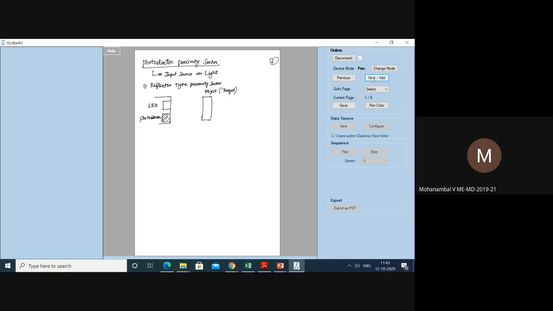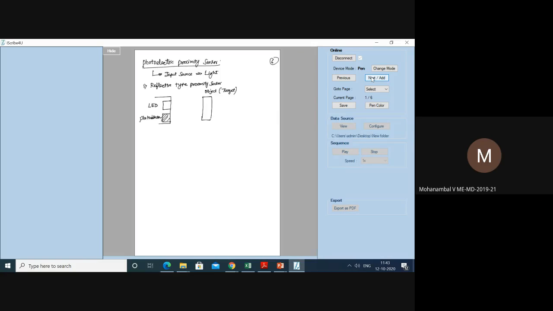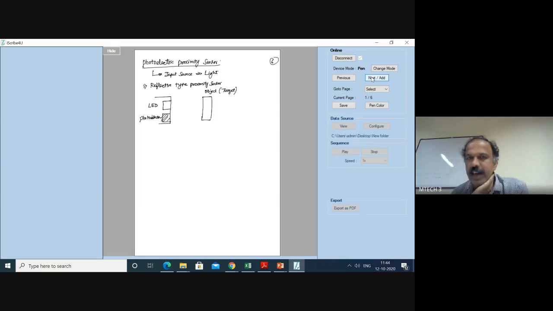What is the purpose of the LED? This method is called the reflective type photoelectric proximity sensor. What is the function of the LED? What is the LED used for here? The LED is the source of light. It emits the light.